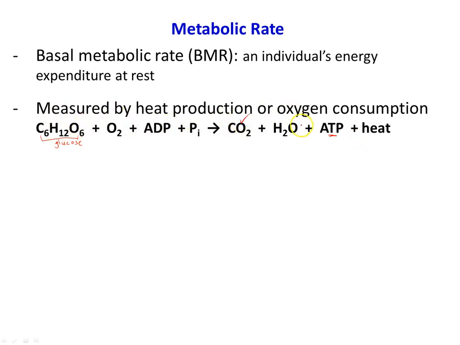We make carbon dioxide, and we can also make metabolic water. Is this ringing a bell or what? Say yes. All right. Now, a byproduct of making ATP is heat, right? So that's your byproduct. And that's why you can measure how much energy you use at rest.